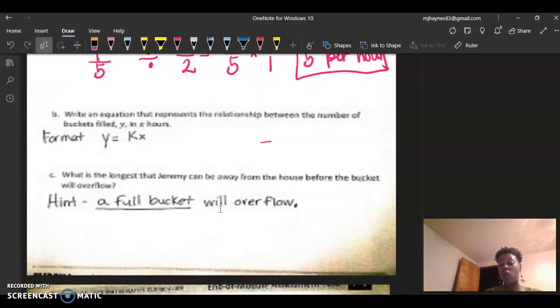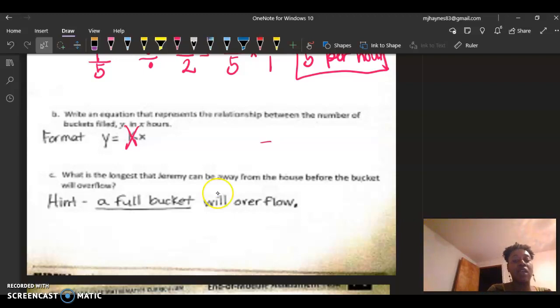Okay, so the format for our equation is y equals kx. I always take out the k and put in constant. They don't use c for constant. Remember, they use k because c is an important number for circumference. Could mean some other things too, but let's do that. So I'm going to take out my k and rewrite it with the constant that I found above, because the constant of proportionality is the unit rate.